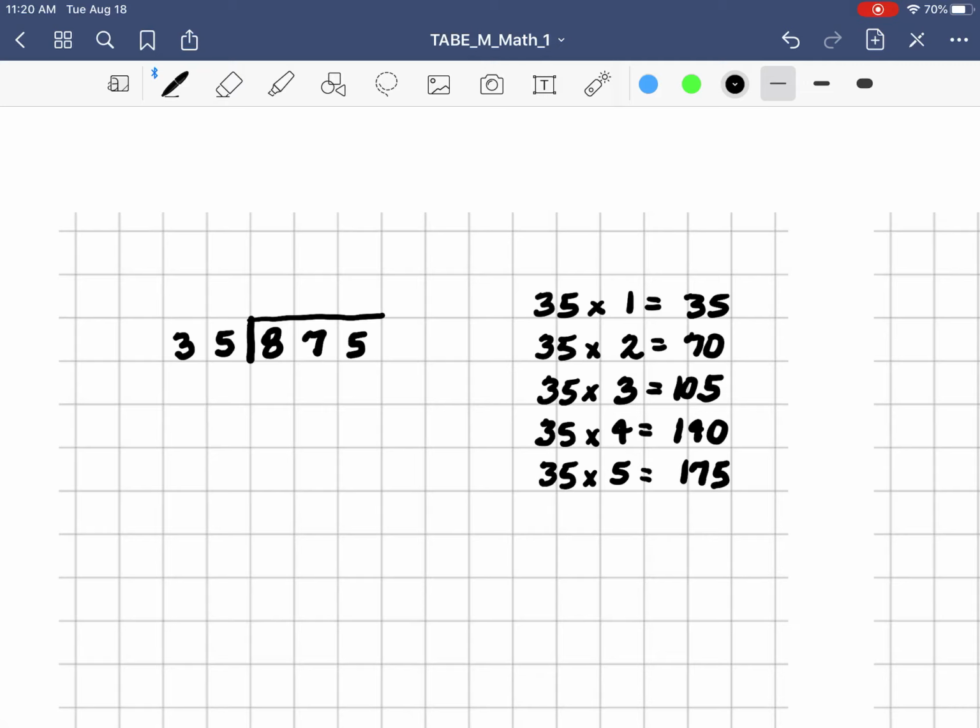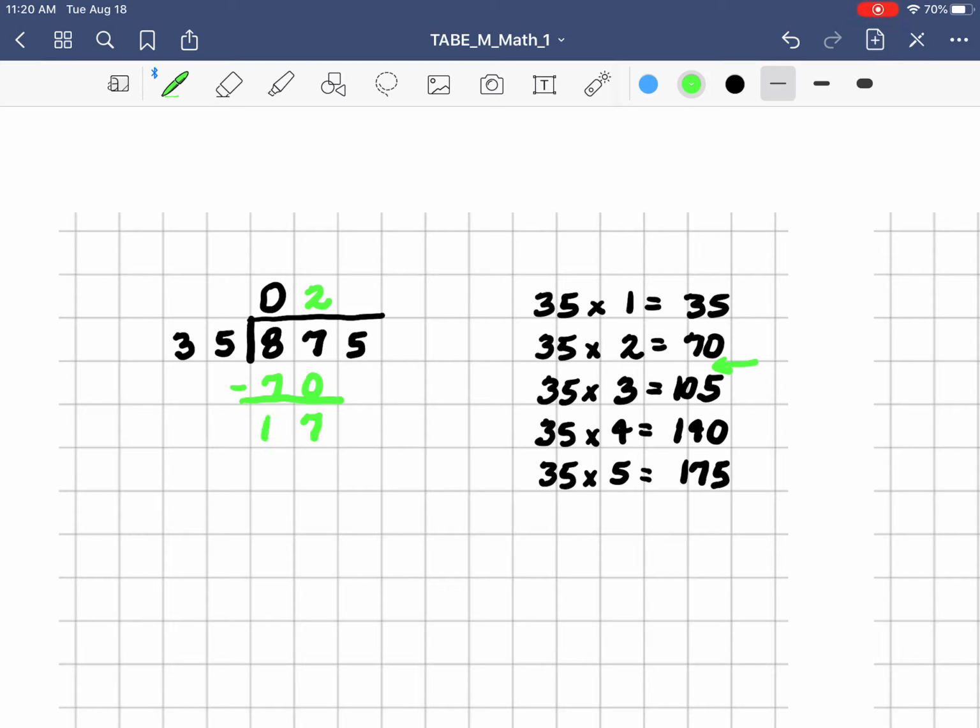So 35 into 8 cannot happen. 35 into 87 is going to fit right in here, so let's use the 2. 2 times 35 is 70.